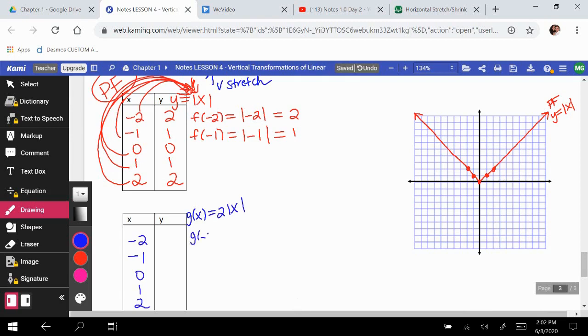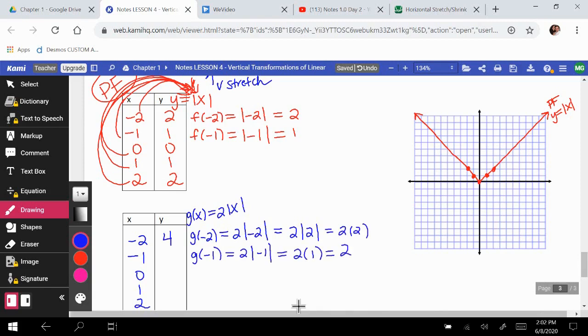Well, if I plug in -2, the absolute value of -2 is +2, and so I'd end up getting 2 times 2, which is 4. Okay, if I plug in -1, what do I get? That's going to be 2 times 1, which is 2.